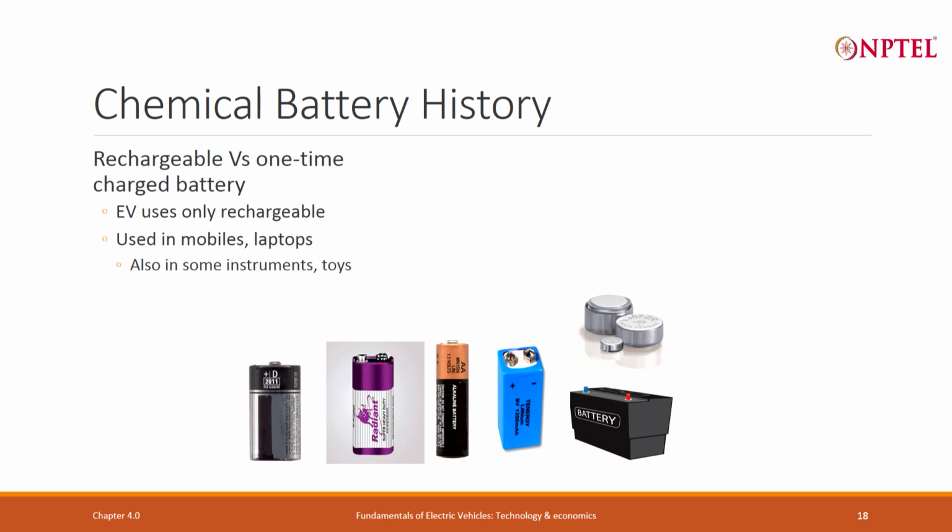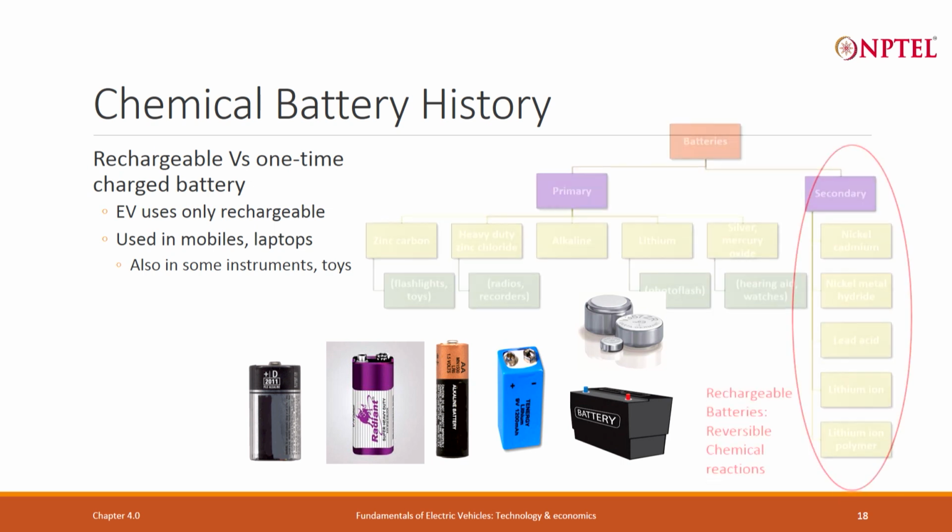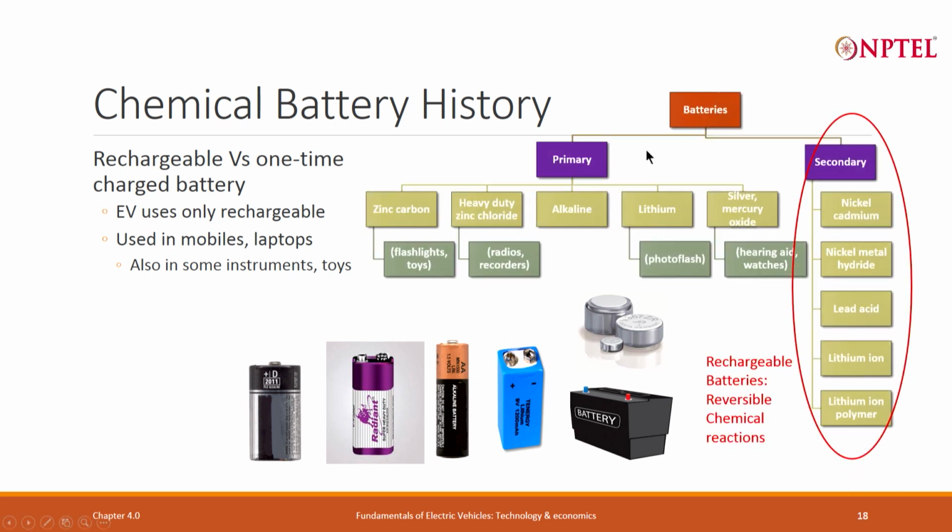Those kinds of cells are of no use to us in electric vehicles. We want rechargeable. Even in cell phone, I want rechargeable. One time charge ones are of no use. I do not want to change cells all the time. Laptop also, you want rechargeable cells. So, the rechargeable cells are called secondary cells. One time charge are the primary cells.